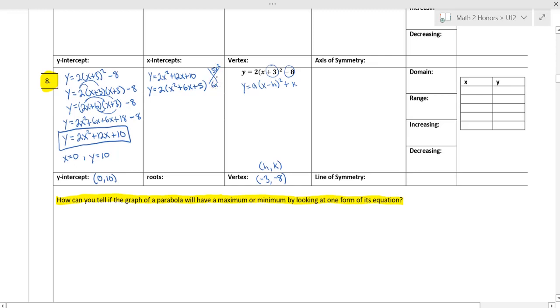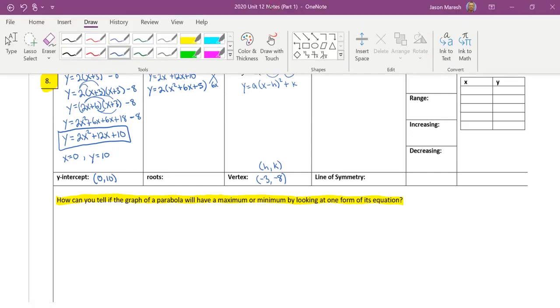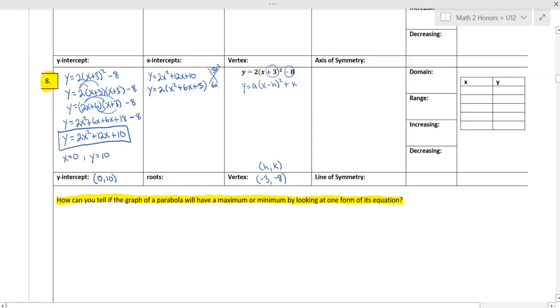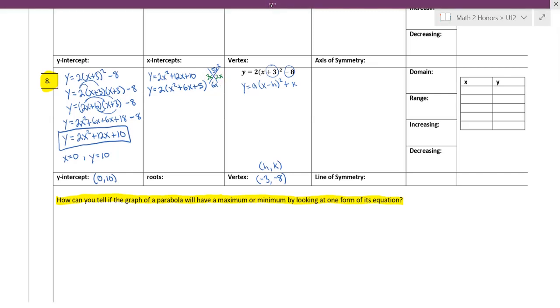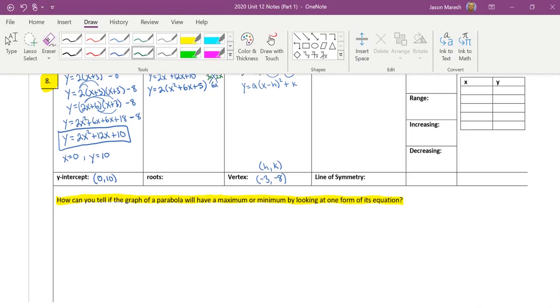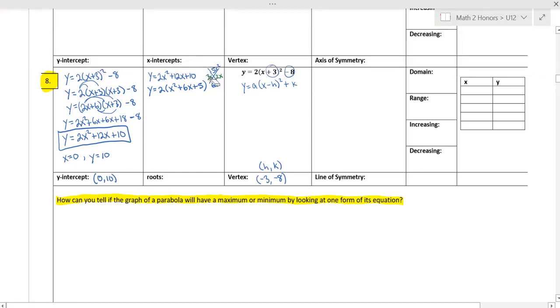Let's go 3 and 2. So 3x times 2x is 5x. Sorry, that's not true. I'm thinking backwards here. We're going to go with 5 and 1.